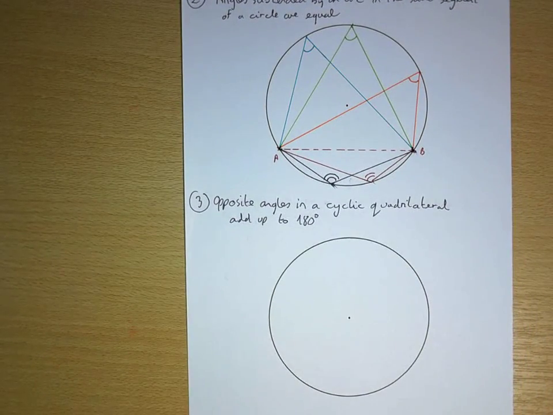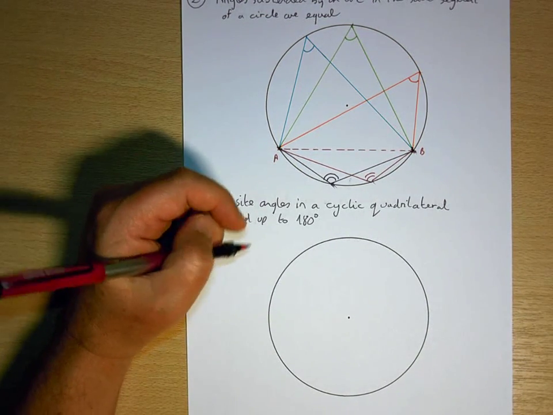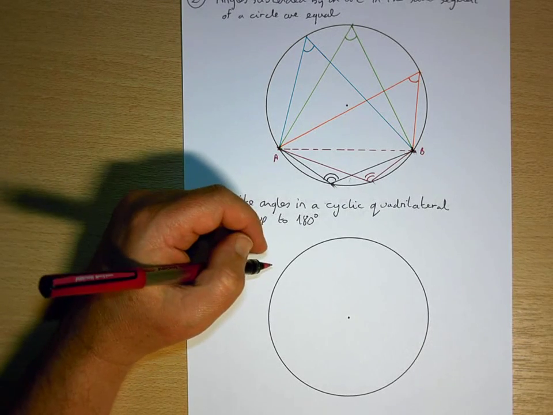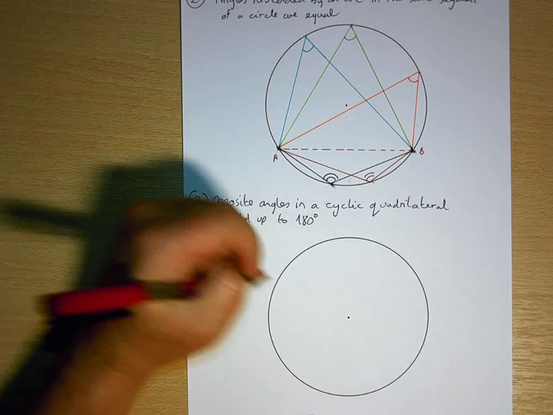Now, a cyclic quadrilateral is a four-sided shape where the 4 corners of the quadrilateral lie on the circumference of the circle.